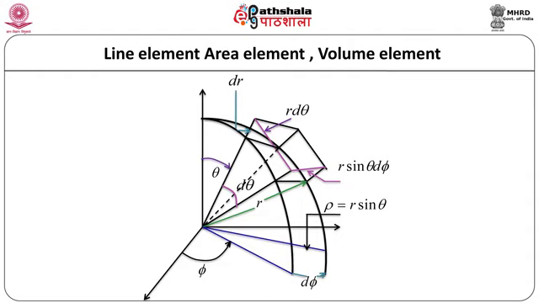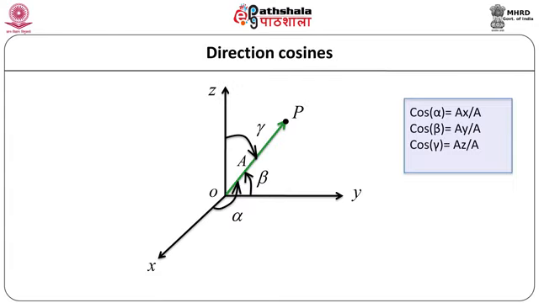One more important concept is direction cosines. These give information about the inclination of a given vector with positive direction of x, y and z axis.